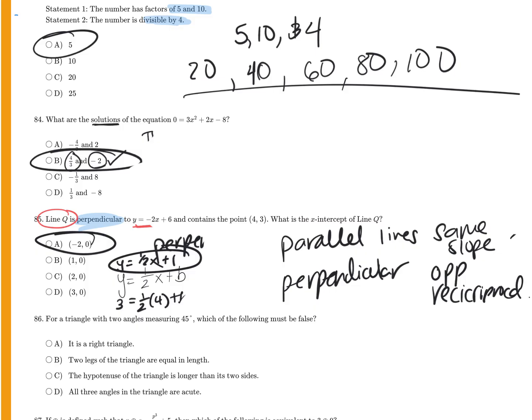Okay? So the slope is the number in front of x. So if it's the same slope, you form an equation with the same slope. If it's perpendicular, you have to make the slope opposite and flip the fraction.